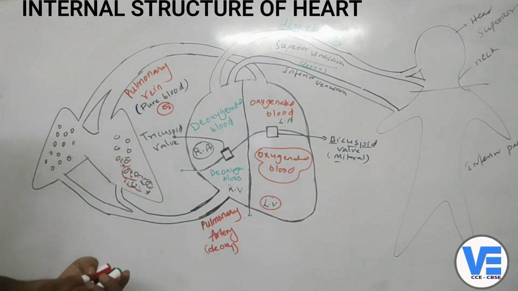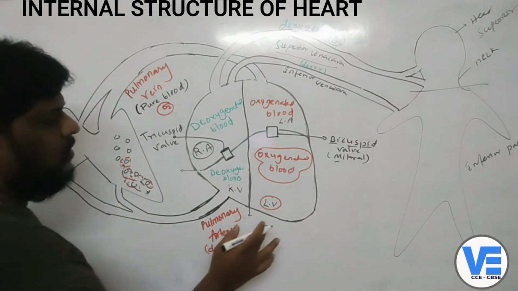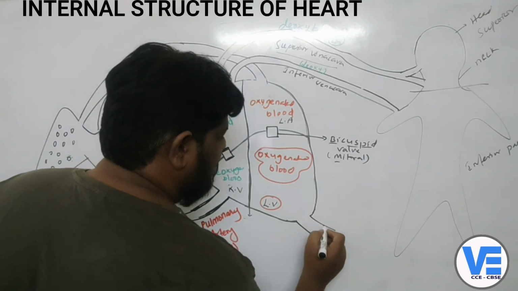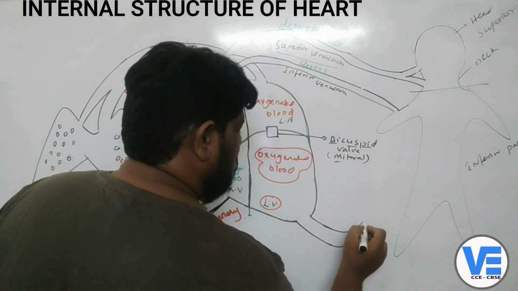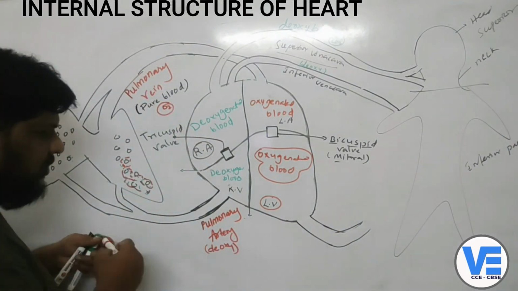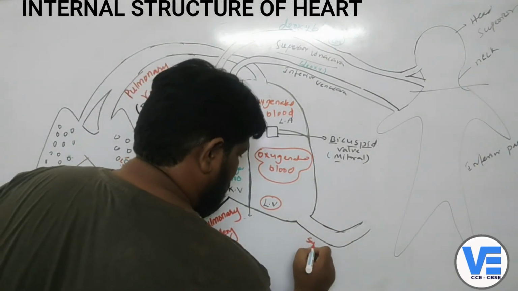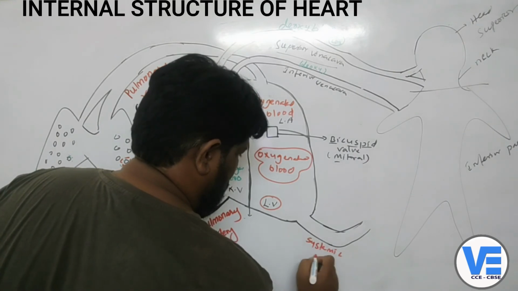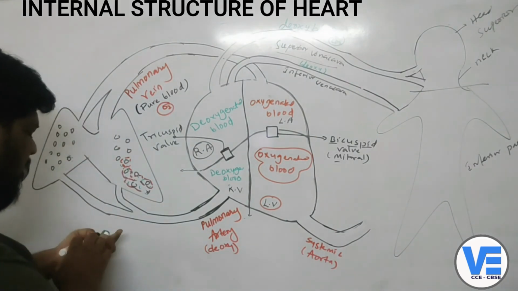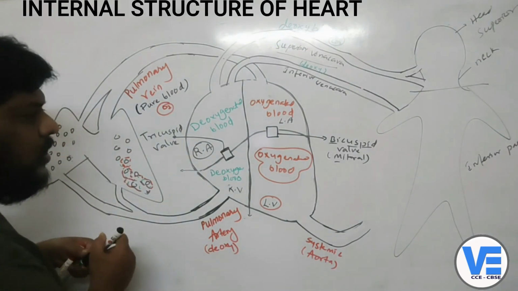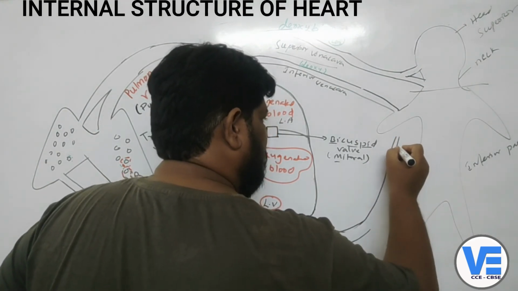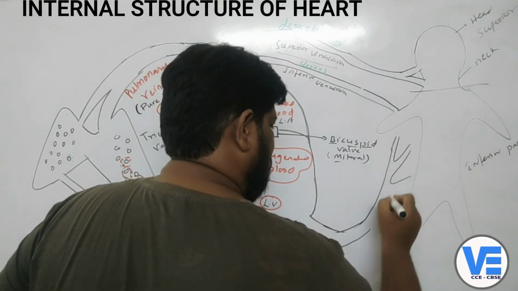Again, a very, very big aorta, which is called the systemic aorta, will carry the pure blood to the different parts of the body.